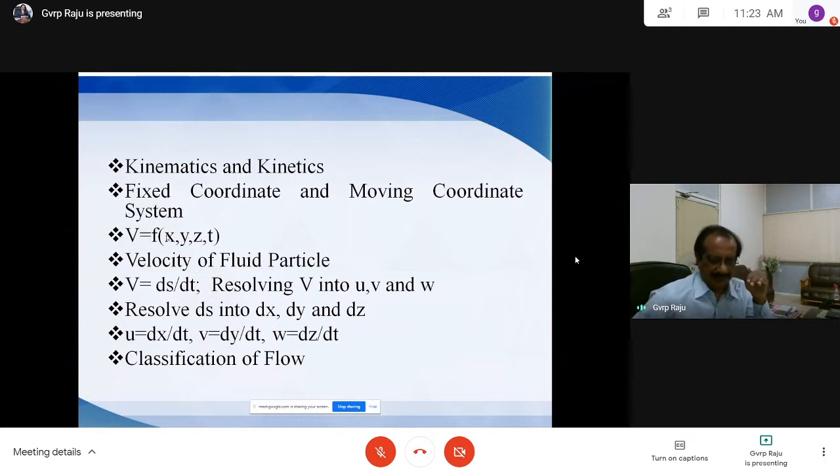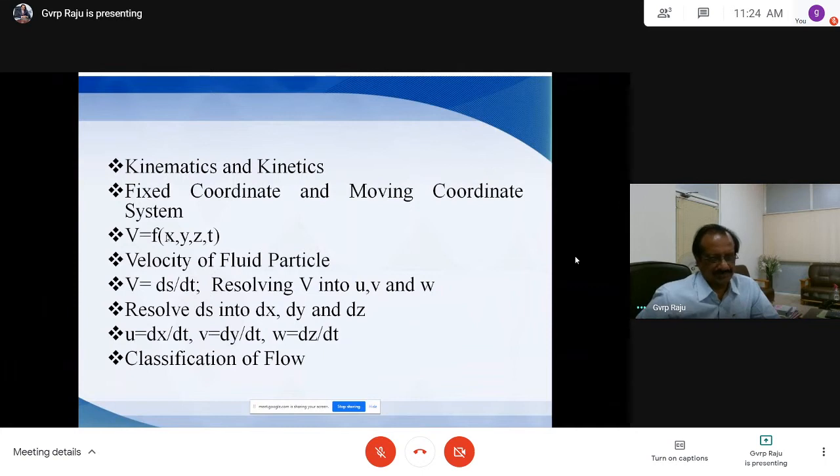The observer is observing the properties of the fluid, let us say for the flow of water. The observer means a coordinate. The observer is sitting on the bank of the river and observing the fluid, which is in motion.